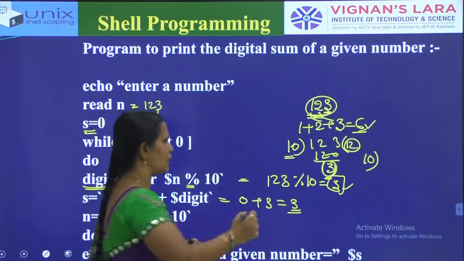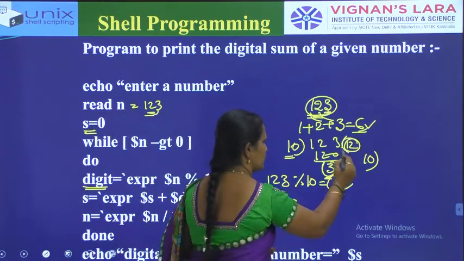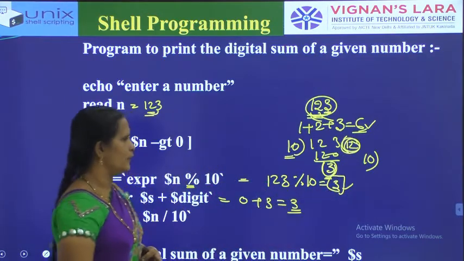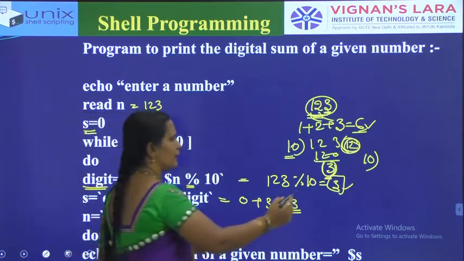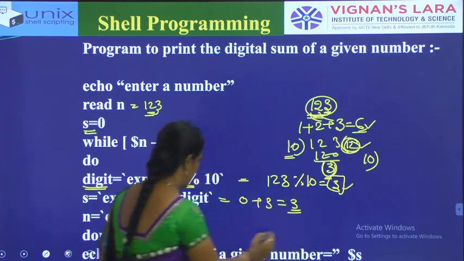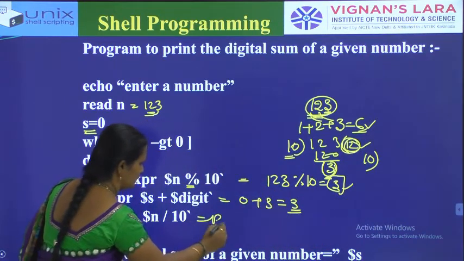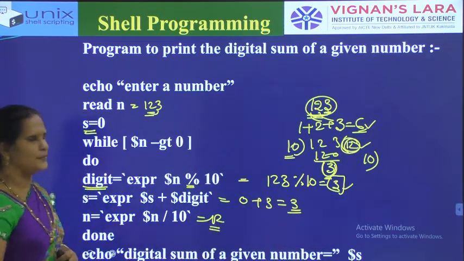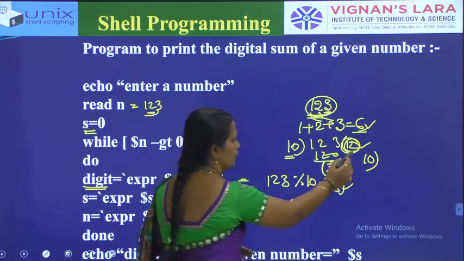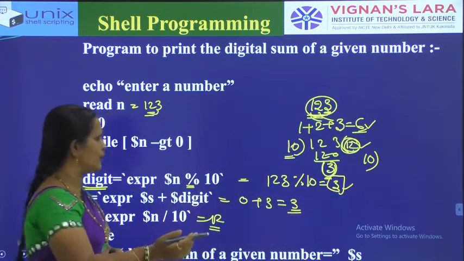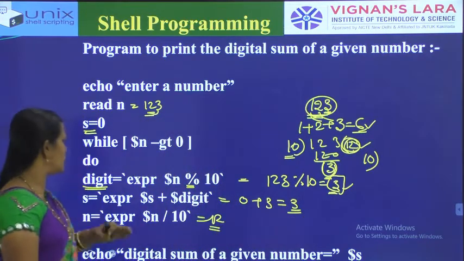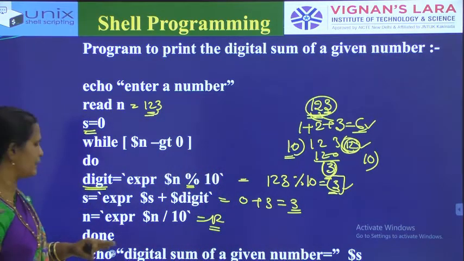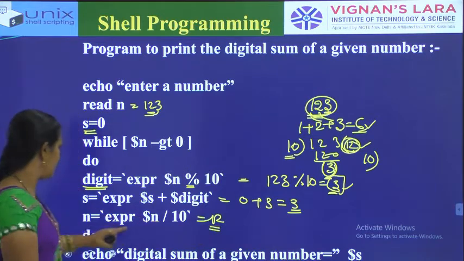In order to get 2, we have to get the quotient of this number. So n slash 10 gives the quotient, which is 12. n percentage 10 gives the remainder. 3 is stored in digit, whereas 12 is stored in n.